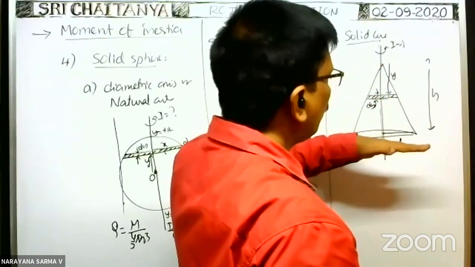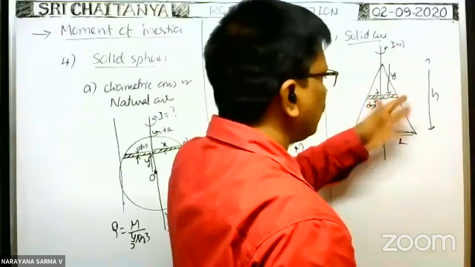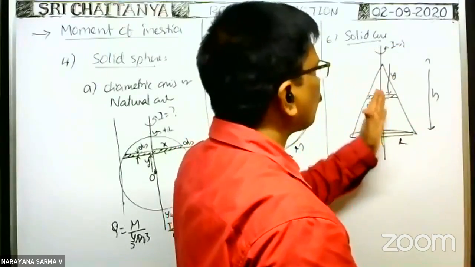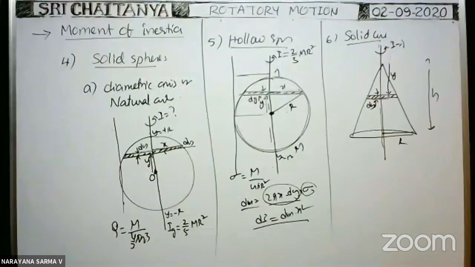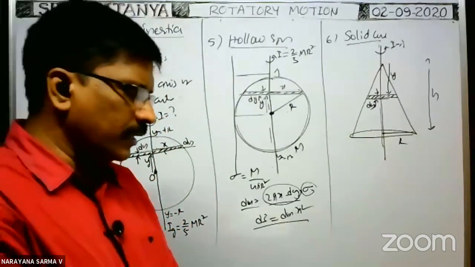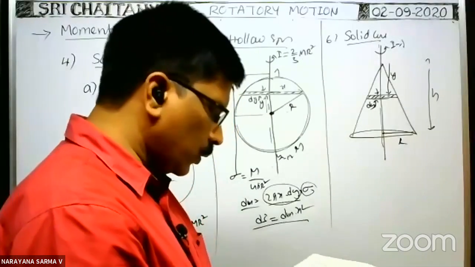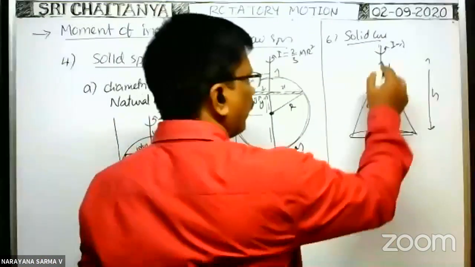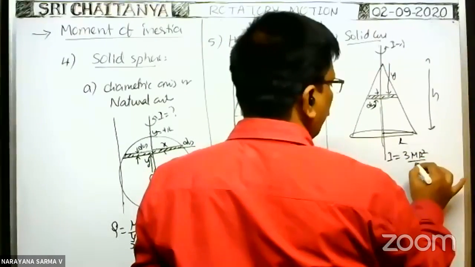That gives the moment of inertia of all the discs from vertex to base. That you add, integration means addition only. That gives the total moment of inertia about this axis. In case of solid cone, I already recorded that procedure in a video. You go through that procedure. So moment of inertia of the solid cone is equal to 3 mr square by 10 about this axis.